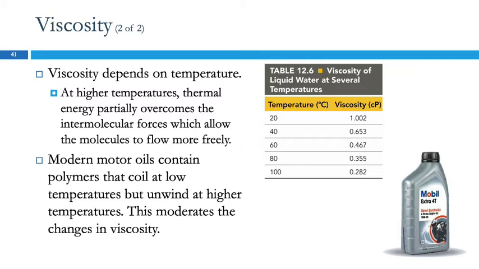And then at higher temperatures, they unwind and become more like cooked spaghetti. So then they have more attraction, higher intermolecular forces, and that counteracts the viscosity change due to temperature. And so you can have a motor oil that's going to have a more or less consistent viscosity at a variety of temperatures. It's pretty cool.